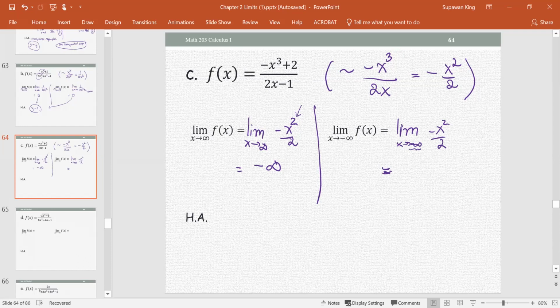And then what would be the final result? Positive infinity. Okay, let's see. It looks like it should be that way, right?